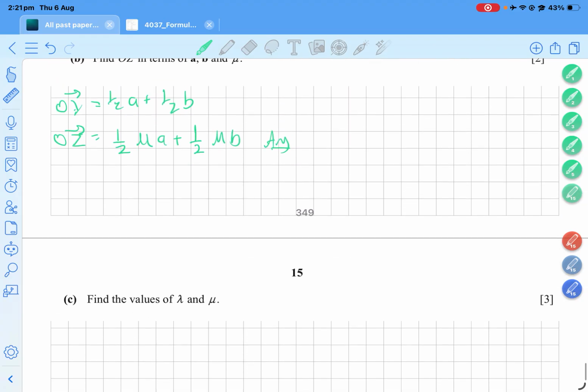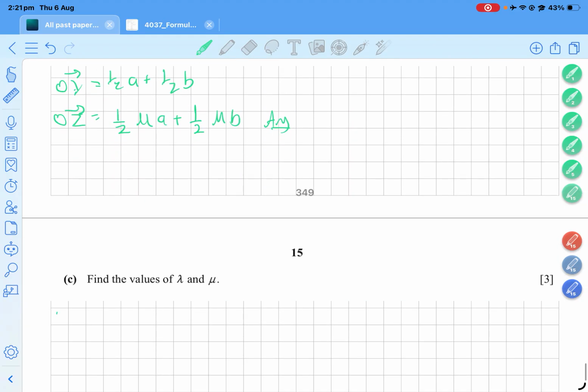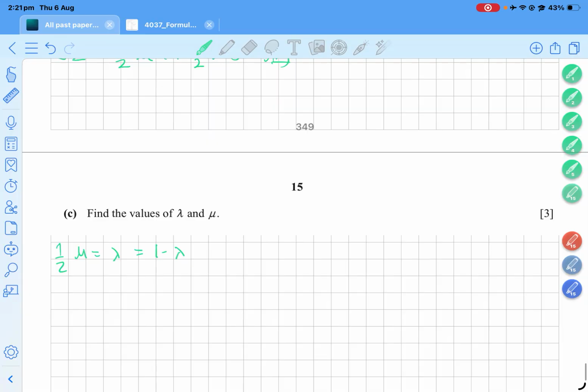So we know that half mu is equal to lambda and lambda is equal to 1 minus lambda. So therefore 2 lambda must equal 1. So lambda must equal half. So mu must equal, by what?